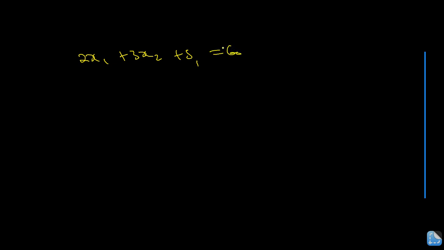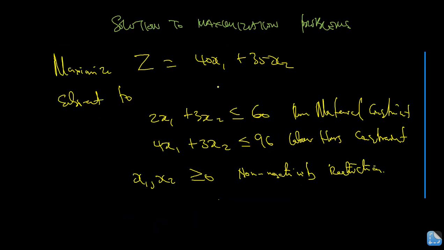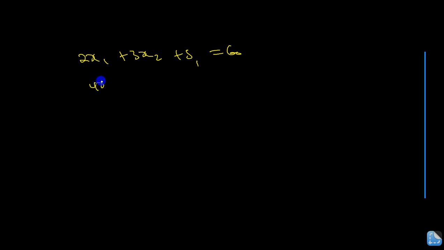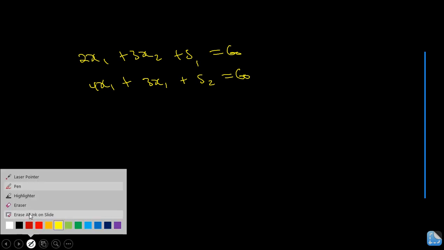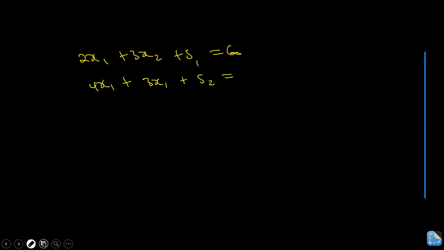What is the second one? The second one we had was 4x1 plus 3x2 plus s2 is equal to 96.